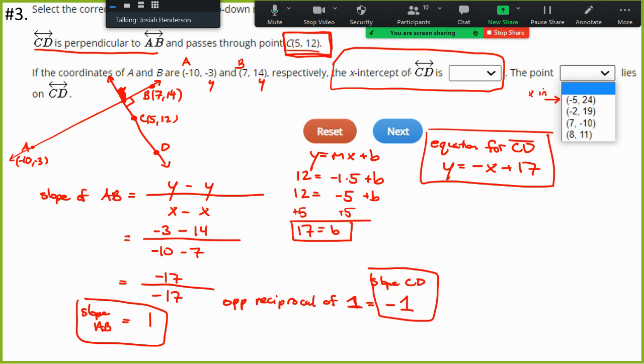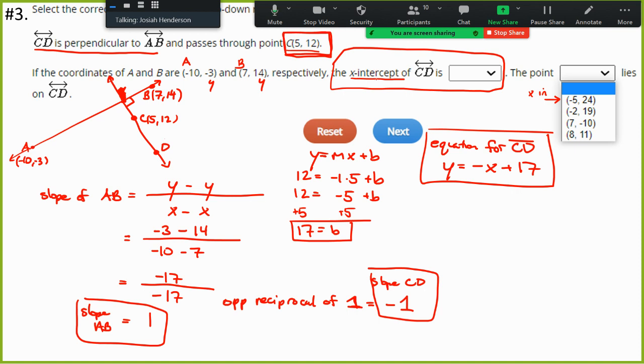Now to answer the questions, we've got the tools we need finally. So we're going to plug in for the x-intercept. We're going to plug in 0 for y. X-intercept means where the CD line is crossing the x-axis. So we're not going to plug in 0 for x. That would give us the y-intercept.